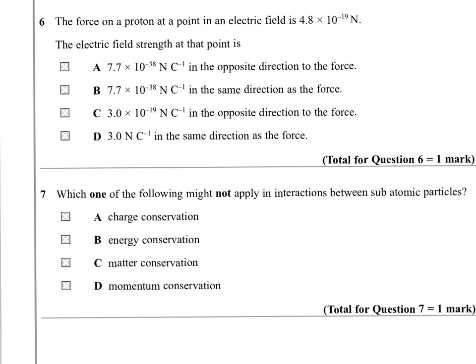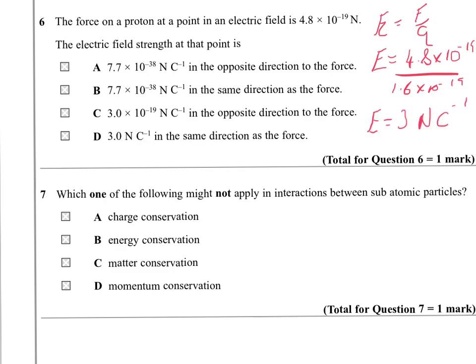So if we just remind ourselves that the electric field is the force per unit charge, so it'll be F over Q. So it's 4.8 times 10 to the minus 19 divided by the charge of an electron, only a positive version of that, which is the charge on a proton, 1.6 times 10 to the minus 19. So your 10 to the minus 19s, top and bottom, will cancel, so you've really got 4.8 over 1.6. So E is going to be 3 newtons per coulomb.